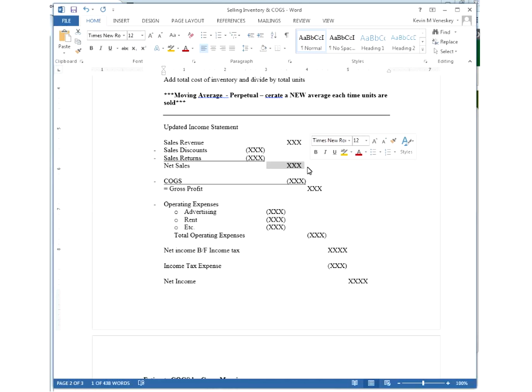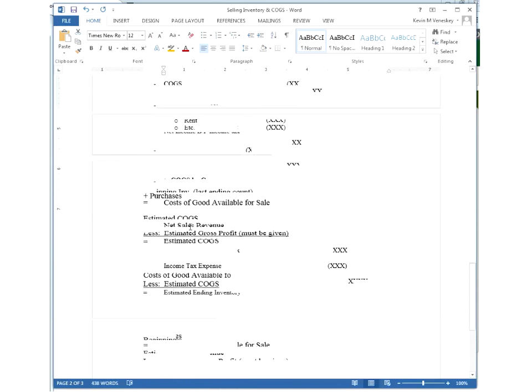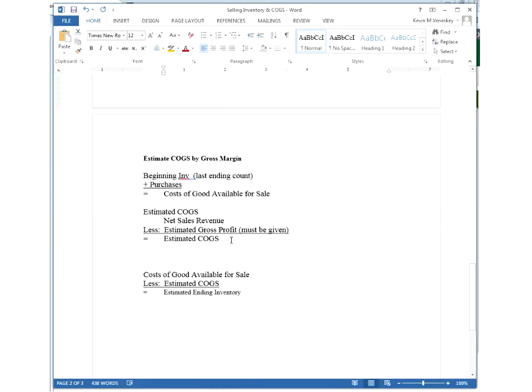For every dollar I earn, 40% of that is going to be profit. So you always just take your profit and divide it out of your sales to get your gross margin. If you know your gross margin, you can easily then estimate what your cost of goods sold will be.